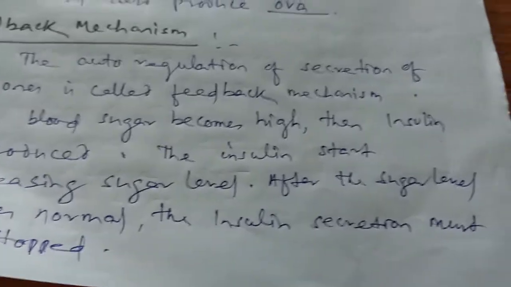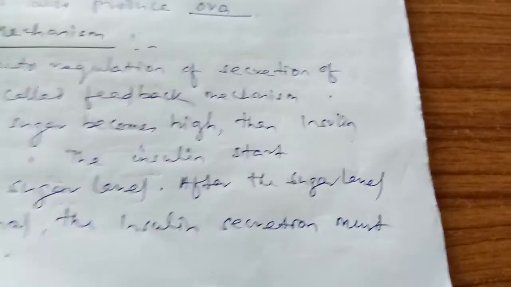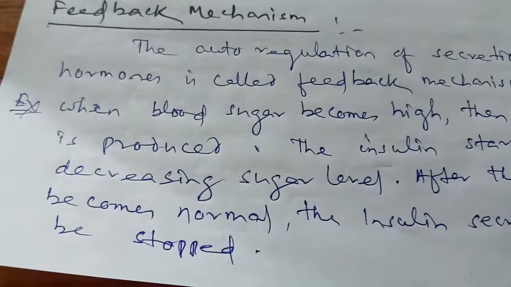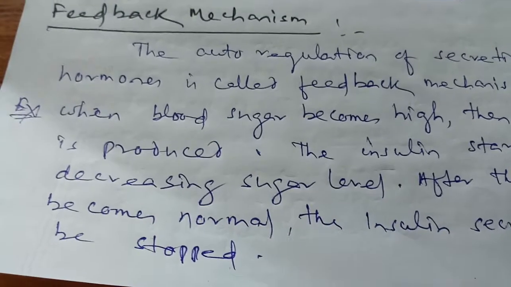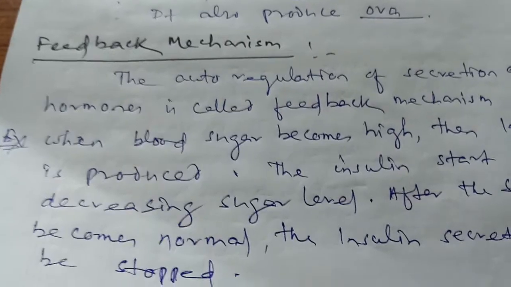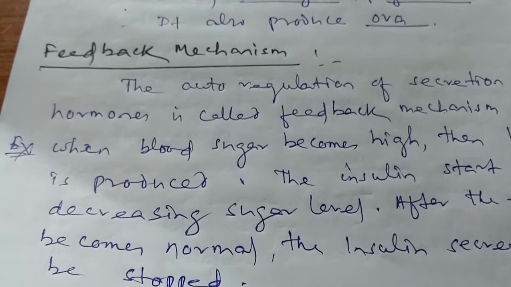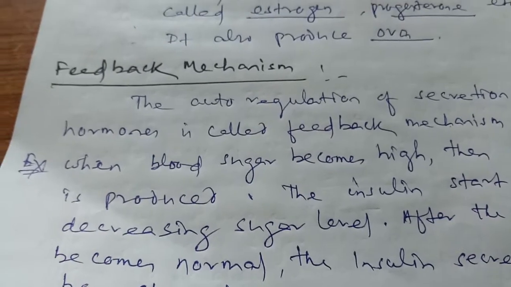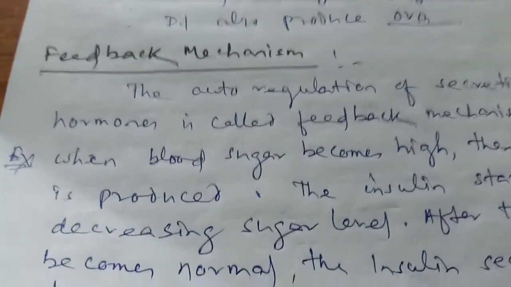After the sugar level becomes normal, the insulin secretion will be stopped exactly. So this is an automatic system: the hormone which is released for a particular cause, when it is over, the secretion of the hormone will automatically stop.